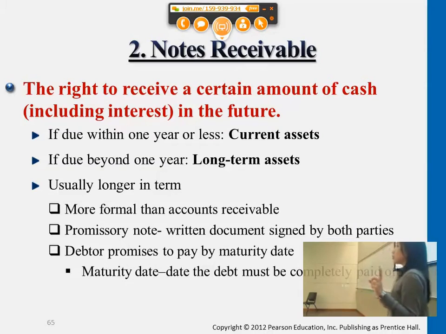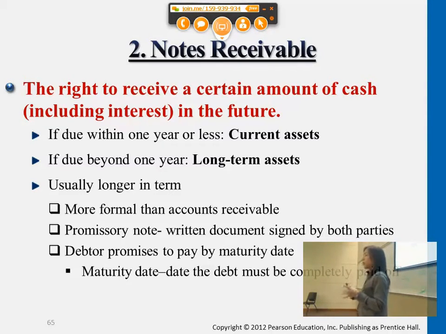So notes receivable definitely has an interest rate involved, meaning later on you're not just collecting that $1,000, for example, that you lent to the client. You're collecting $1,000 plus a certain amount of interest. That depends on the corporation and the client's relationship. So it could be 2%, 3%, any percentage agreed between the two parties.